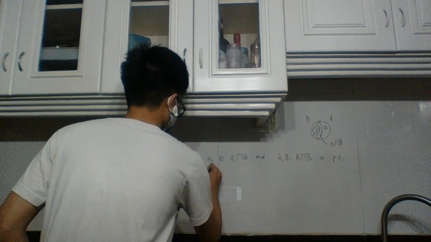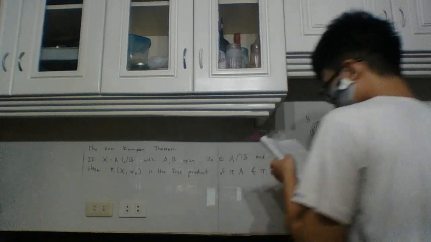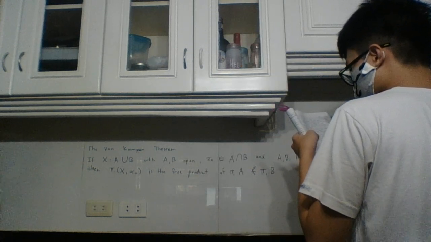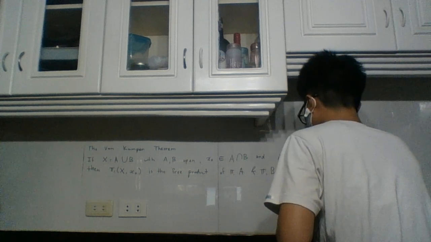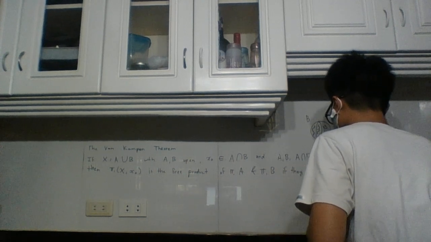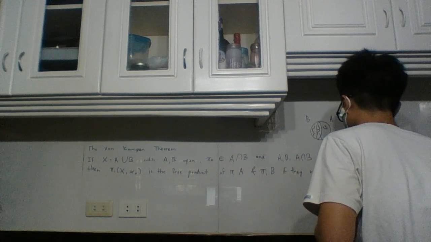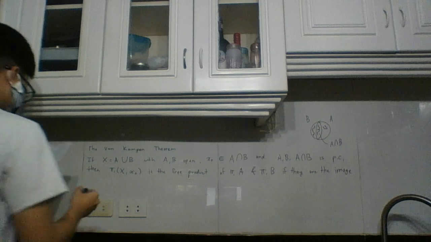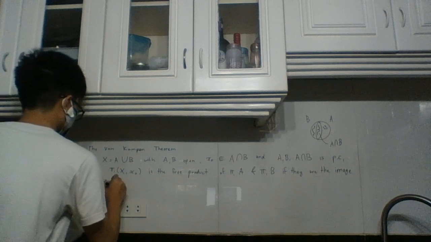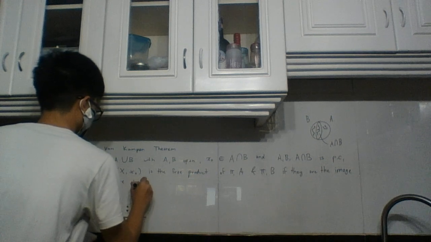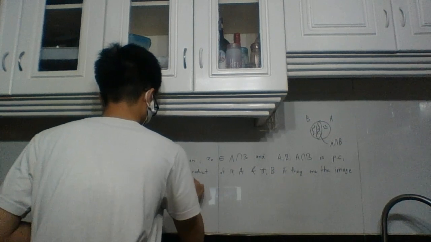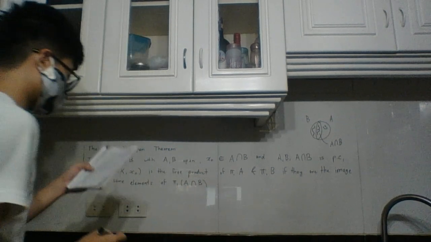Free product of pi 1 of A and pi 1 of B, if they are the image of the same elements of pi 1 of A intersection B. It's the fundamental group of their intersection.